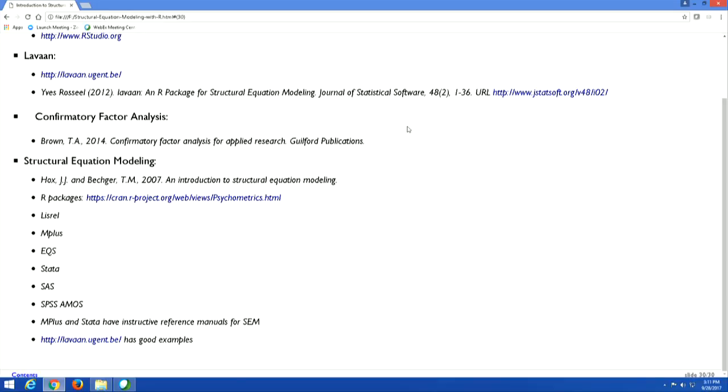Mplus at this point is probably the most popular one. I've used it quite a bit, but it's very expensive, and so I've kind of changed over to R because it's free. But Mplus and Stata have very instructive reference manuals where they'll take you through examples in a very sort of non-technical way, which I think is great. And you can access the technical documentation as well. And the website for lavaan has really good examples if you're interested in learning that package.